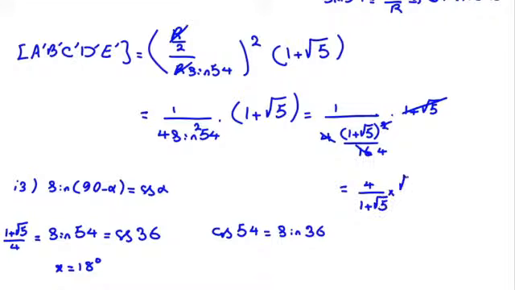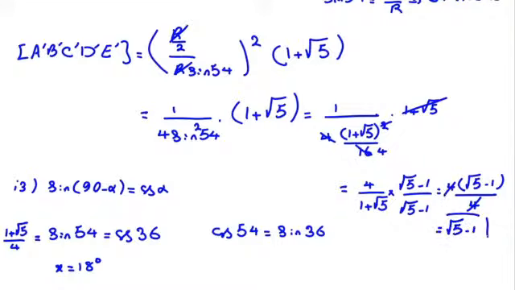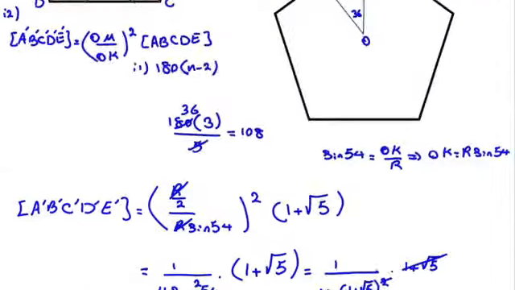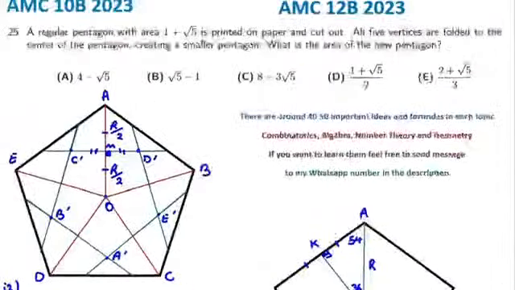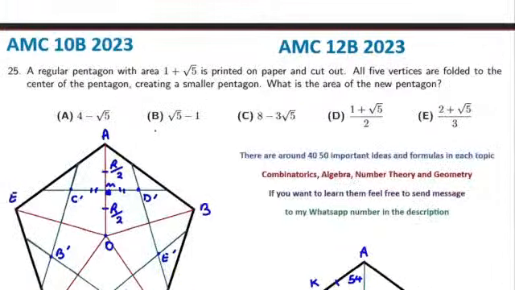Now we should rationalize. We multiply by root 5 minus 1 over root 5 minus 1. So it will be 4 times root 5 minus 1 over root 5 squared minus 1 squared, which is 5 minus 1, 4. So it will be root 5 minus 1. So the answer will be choice B.